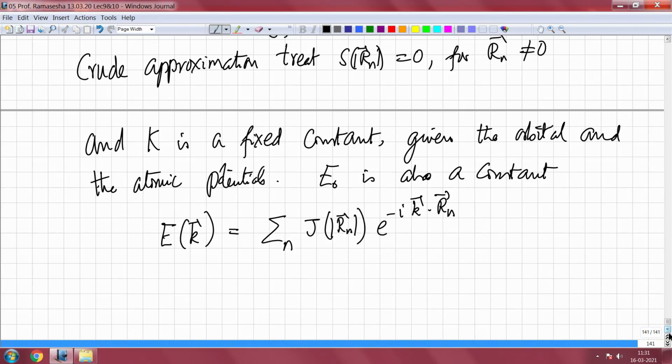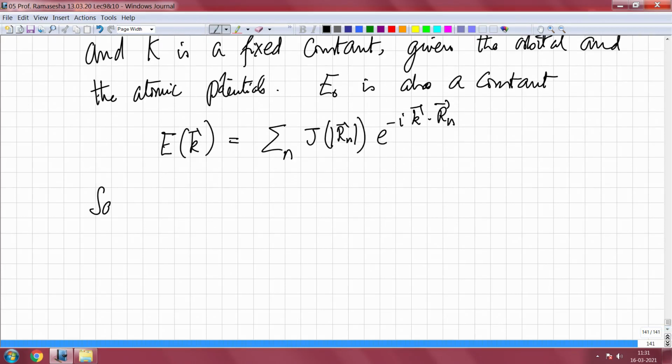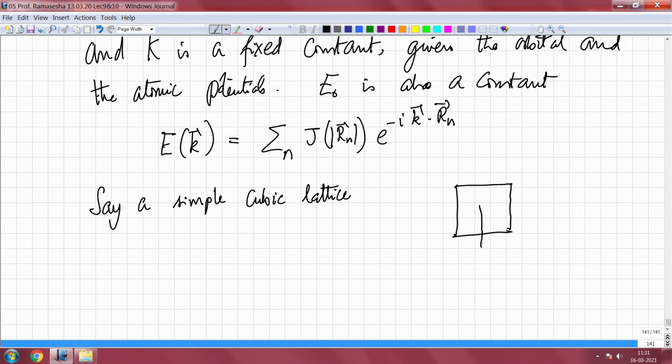So if I am looking at, say, a simple cubic lattice, my first neighbors are 6 in number: 1, 2, 3, 4, 5 and 6.